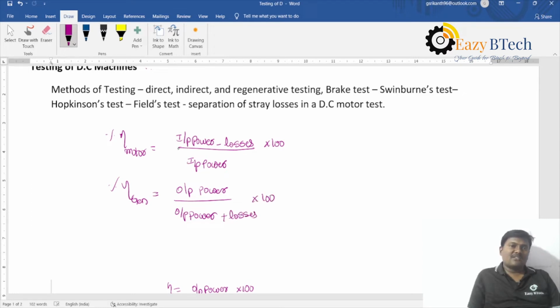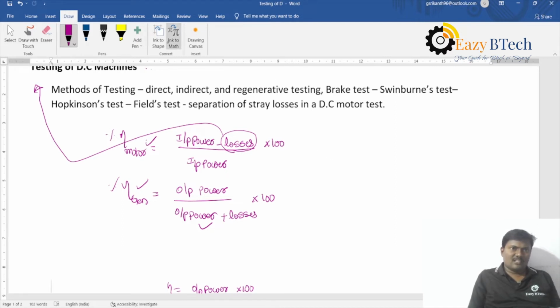The losses are common to both. For a motor, the input power is known, so the output power can be written as input power minus losses. For a generator, the input power is replaced with output power plus losses. In order to know the losses, we go for the testing of machines. If we know the losses, we can find the efficiency also.